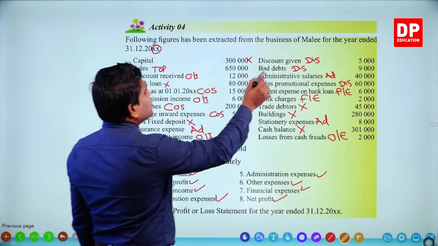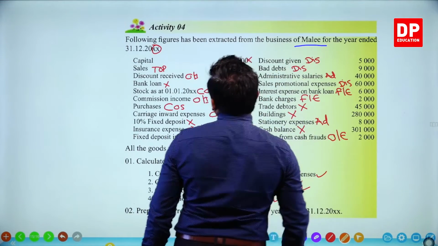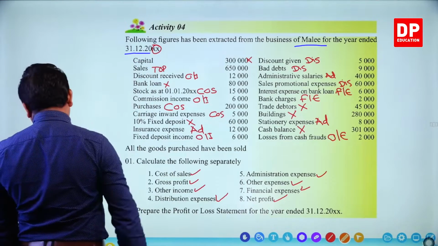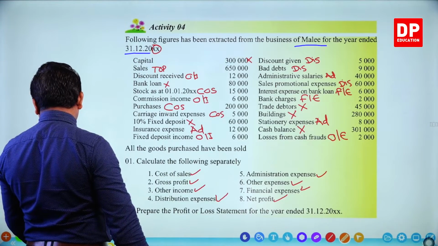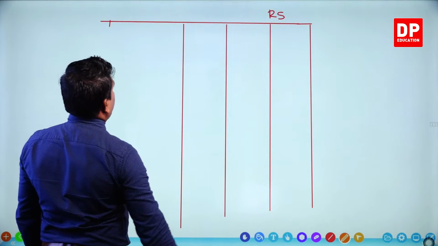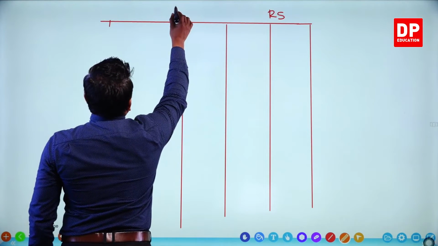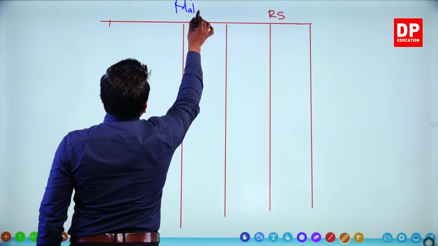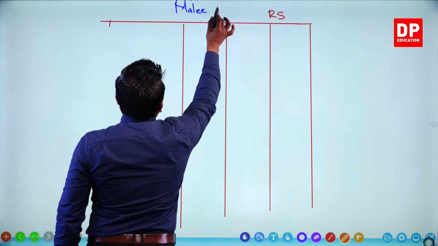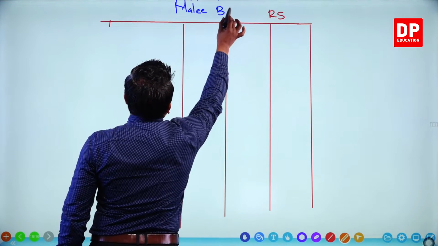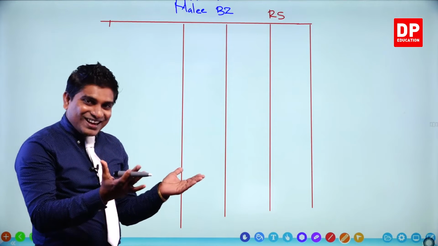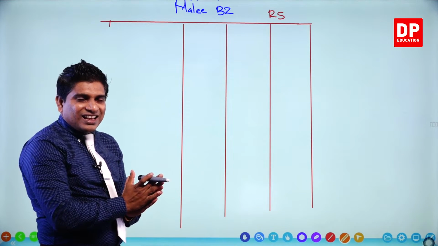Extracted from Mali's business, no? Yeah, Mali business. Right? Year ended 31st December. Right, okay. Now here you write Mali business. I use short words here. BZ means business, but you don't write BZ. You write business, right? Mali's business, right?